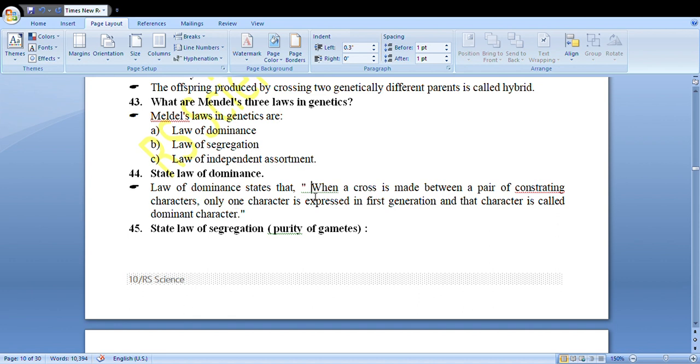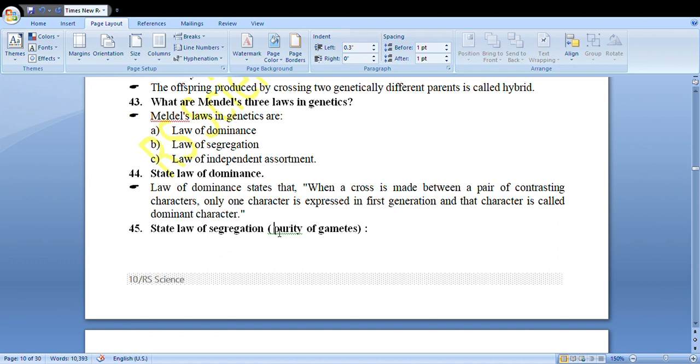Law of dominance states that when a cross is made between a pair of contrasting character, only one character is expressed in first generation. That character is called dominant character.